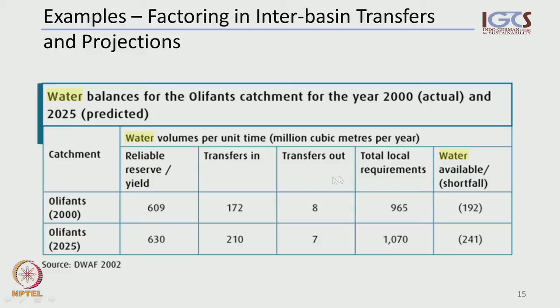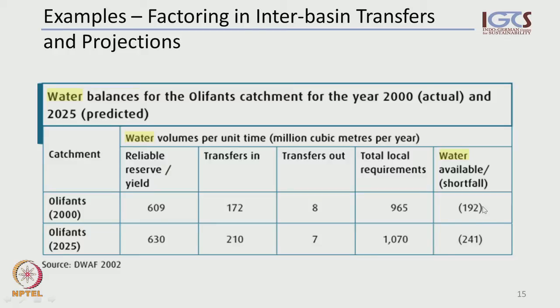And what we see here is that already in the year 2000, summing our reliable local reserves and our interbasin transfers minus our transfers out of the basin, we already see that we have a negative balance here.